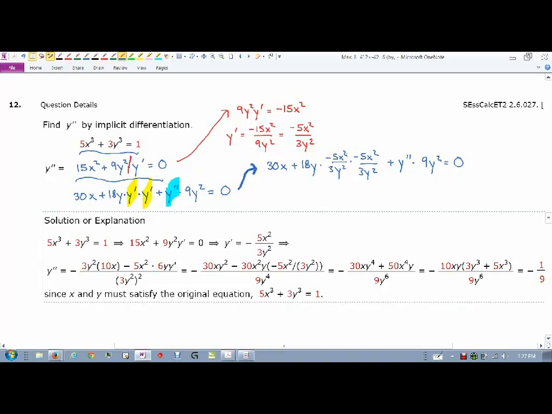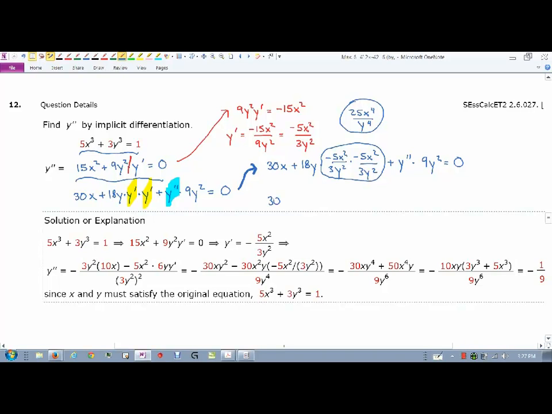All right, let's go ahead and multiply these two together here. If we multiply those two together, you get 25x to the 4th over y to the 4th. And then I'm going to have to multiply that by the 18y. So if I multiply this by 18y, I do 25 times 18, which gives me 450.